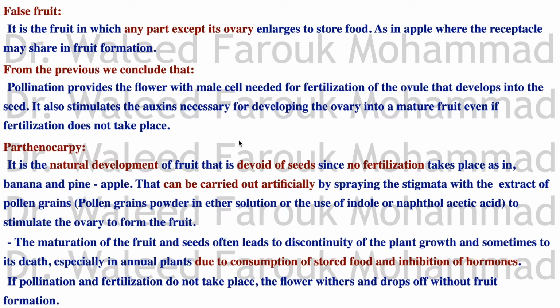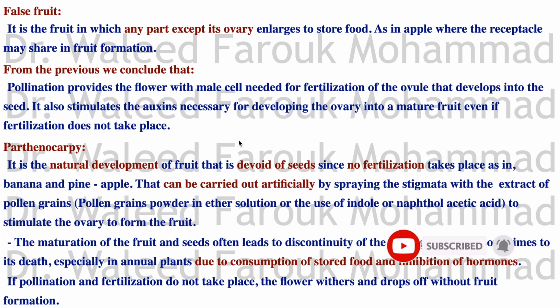They can be carried out artificially, also by spraying the stigma with an extract of pollen grains. They grind pollen grains and put them in an ether solution, or indole or naphthalene acetic acid, to stimulate the ovary to form the fruit. Now, the maturation of the fruit and seeds often leads to discontinuity of the plant growth and sometimes to its death.